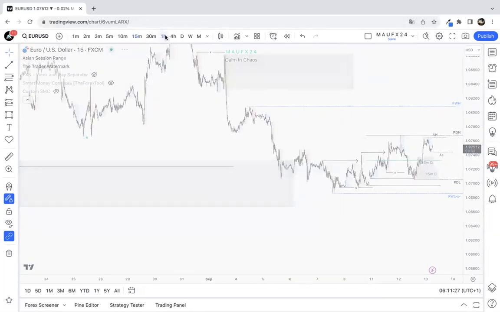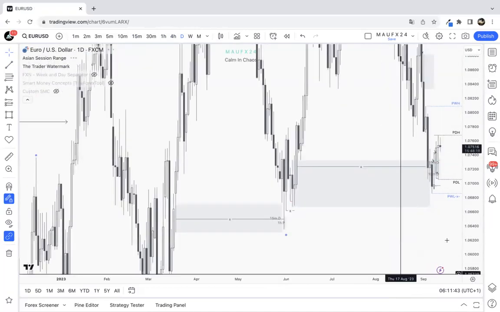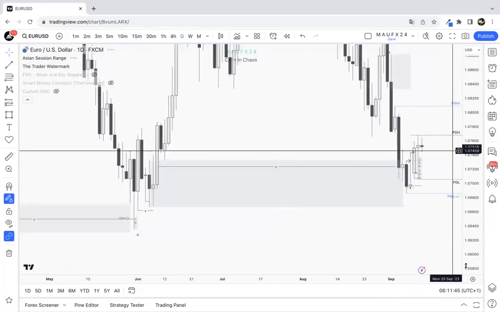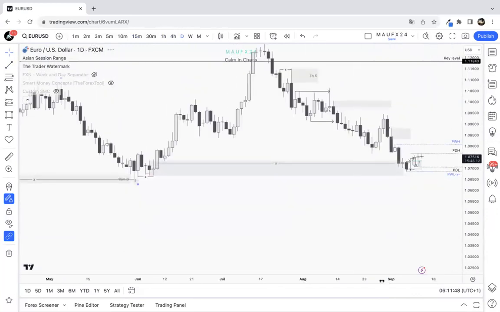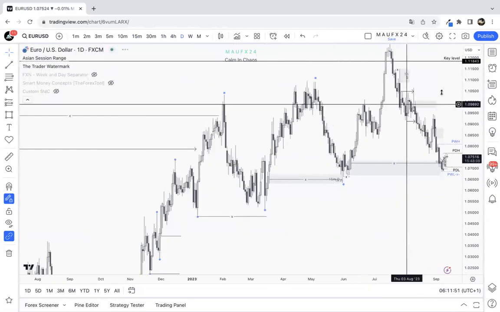And if we zoom out again, let's look at the daily now. So we got our areas, and now we can build a bias around those areas and see if they line up. If not, then we don't trade it. So what do we have here? On the daily, we know that we are in deep discount pricing of this bullish leg.